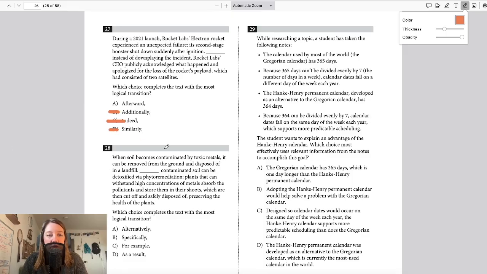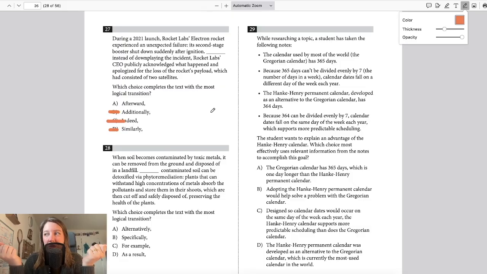Similarly is D. So similarly, instead of downplaying the incident, I don't like that either, because similarly implies a stronger relationship than what we have. It's saying that these two perhaps unrelated things, like at first glance unrelated things, have a commonality, right? That's usually part of some larger theme of the paper. So we're going through allegedly a recession right now, right?